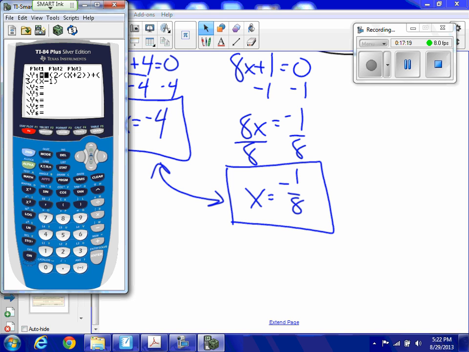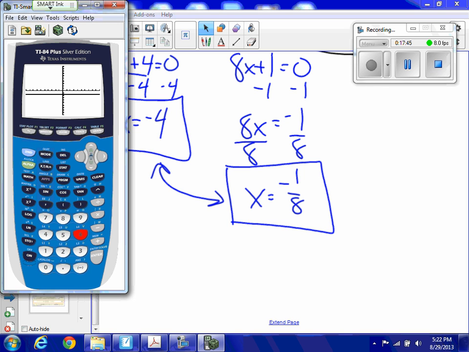So I'm going to enter in another equation there: Y equals negative 8 divided by 5. And I'm just going to graph just that one, so you can see what that looks like. That looks like that, just a straight line at negative 8/5.